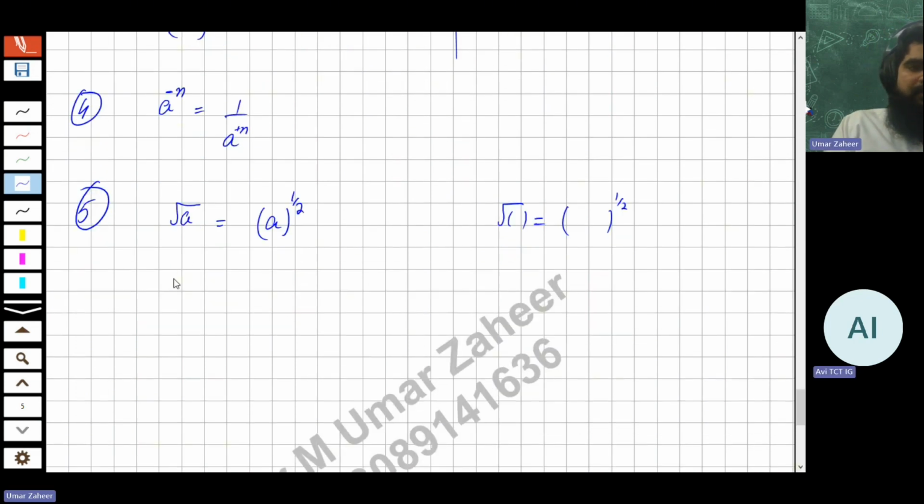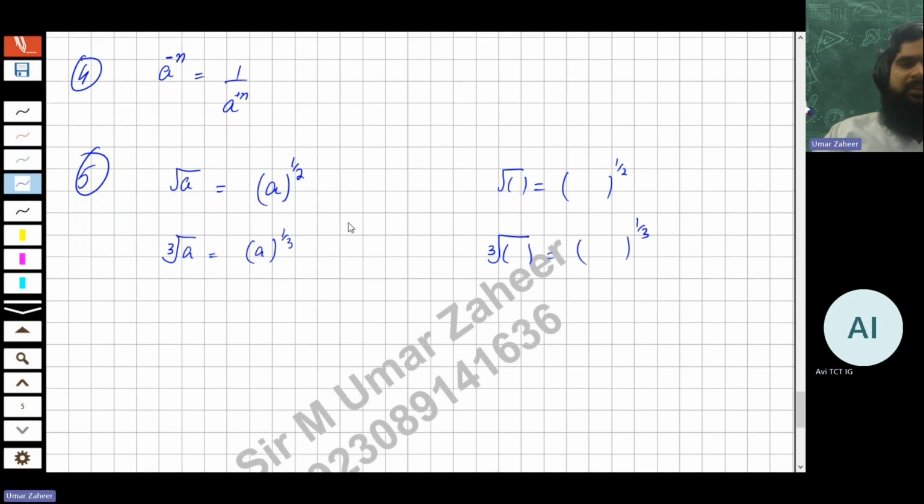In the same way, cube root of a means a raised to power 1 by 3, the cube root of any number is the number raised to power 1 by 3. This is basically the radical form and this is the indices form.